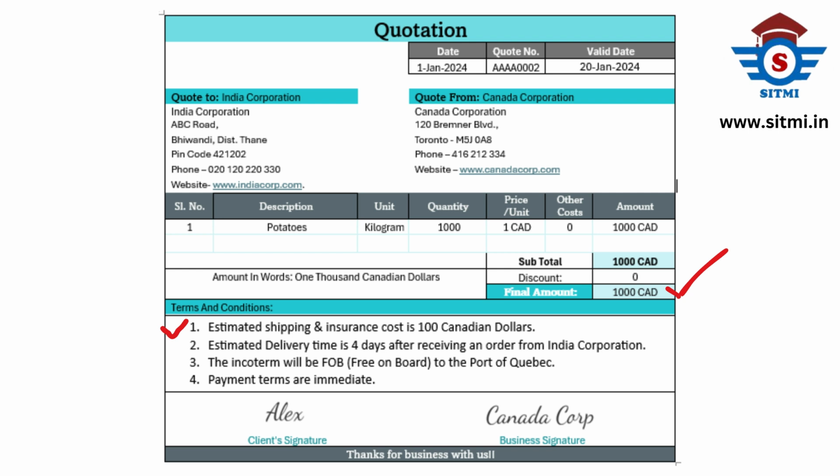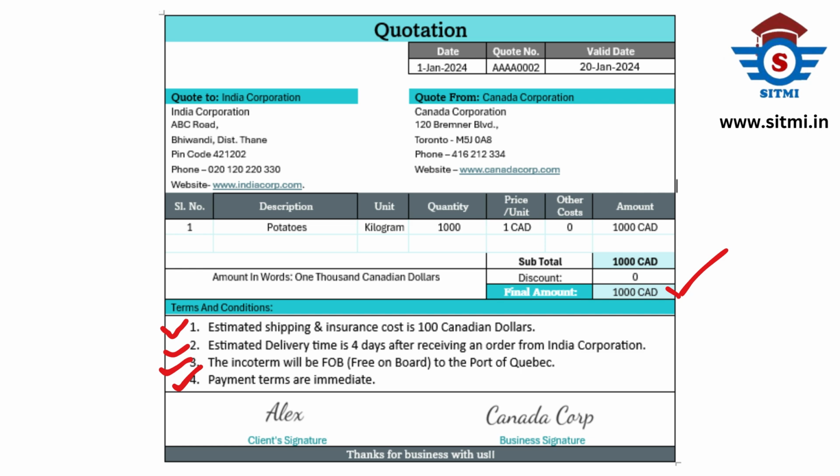Condition number 2: estimated shipping and insurance cost is 100 Canadian dollars. Condition number 3: estimated delivery time is 4 days after receiving an order from India Corporation. Condition number 4: Incoterm will be FOB, free on board, to the Port of Quebec. Condition number 5: payment terms are immediate.